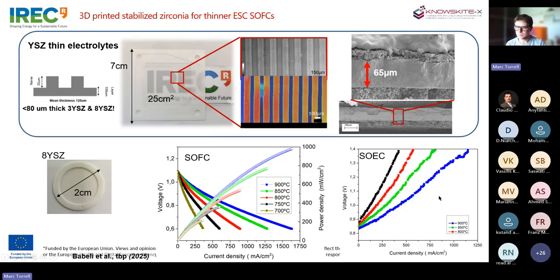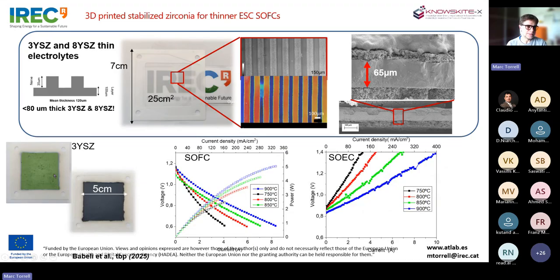Also in electrolysis mode, surpassing the 750 milliamps per square centimeter at 1.2, 1.25 volts, which is the typical operation point of the electrolysis, the high temperature electrolyzers. Also in large area cells, so this 25 centimeters square, so mid area size, this time with 3YZ, which conducts a bit worse, but also having quite remarkable results at 0.7.